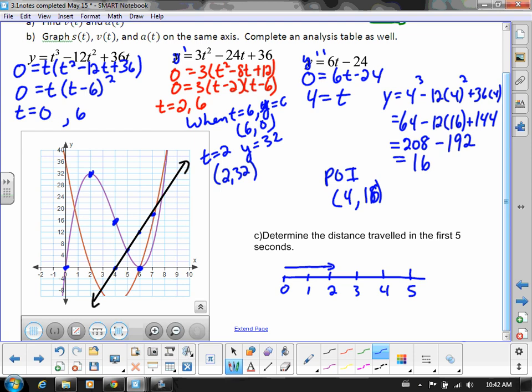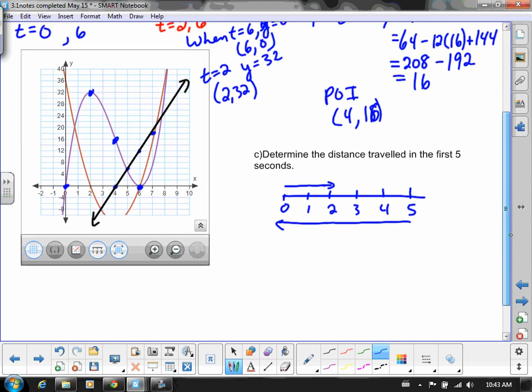And when it's going backwards, we want to go all the way back for the 5 seconds. So if you want to show that on your curve, you're going in the negative direction for 5 seconds. Okay? So even though the distance you're traveling is going to be a positive value, you've gone a total of 0 to 2, however long that distance is, and then from 2 to 5.